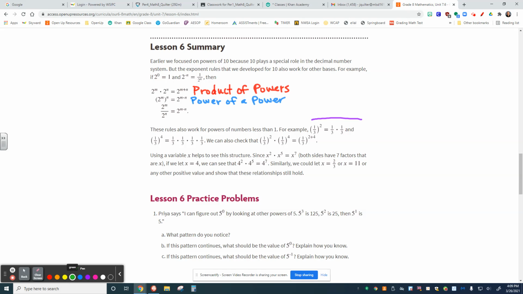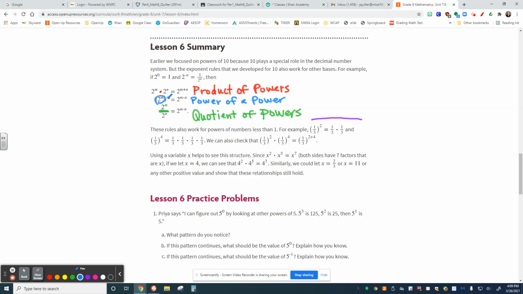And the third major rule is quotient of powers. What would be really helpful for you to do to memorize these is recognize what is happening inside of the problem. We call this quotient of powers because we are dividing powers. We call the product of powers just what it is because we're multiplying 2 powers and the outcome is a product. And we call the power of a power, the base is actually a power and it's being raised to another exponent. So that's why we call it power of a power.